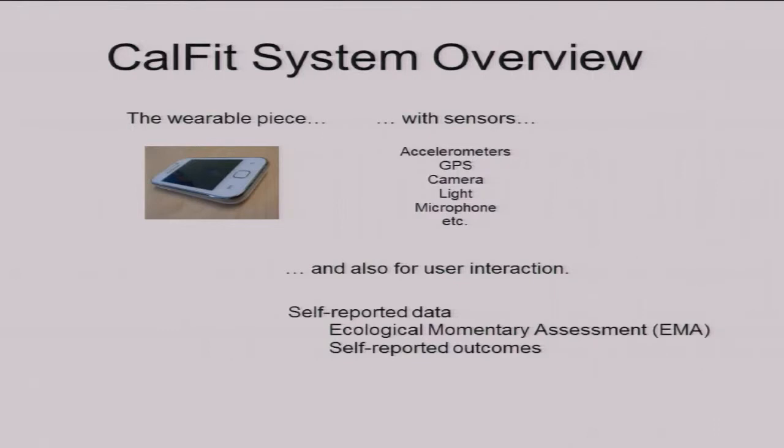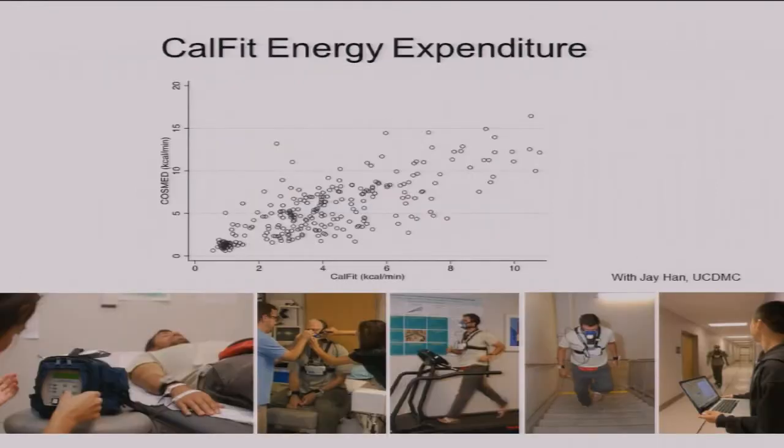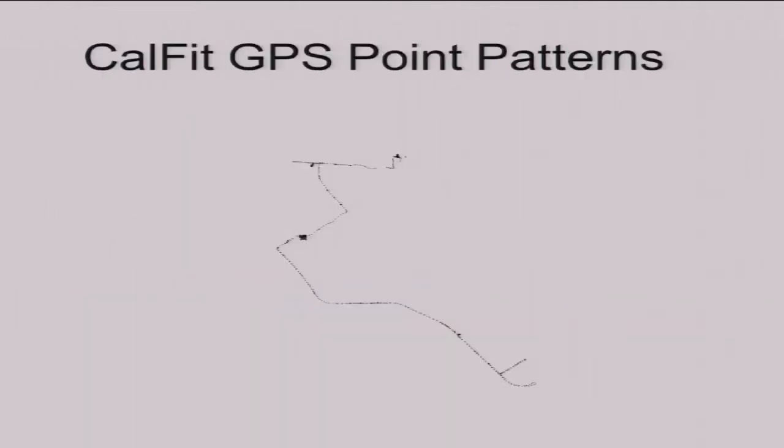In particular, we've been using the GPS to track where people are going. We can turn on the accelerometers to understand physical activity patterns. And these are some lab validations we did, comparing the smartphone accelerometry data against metabolic carts in the laboratory.